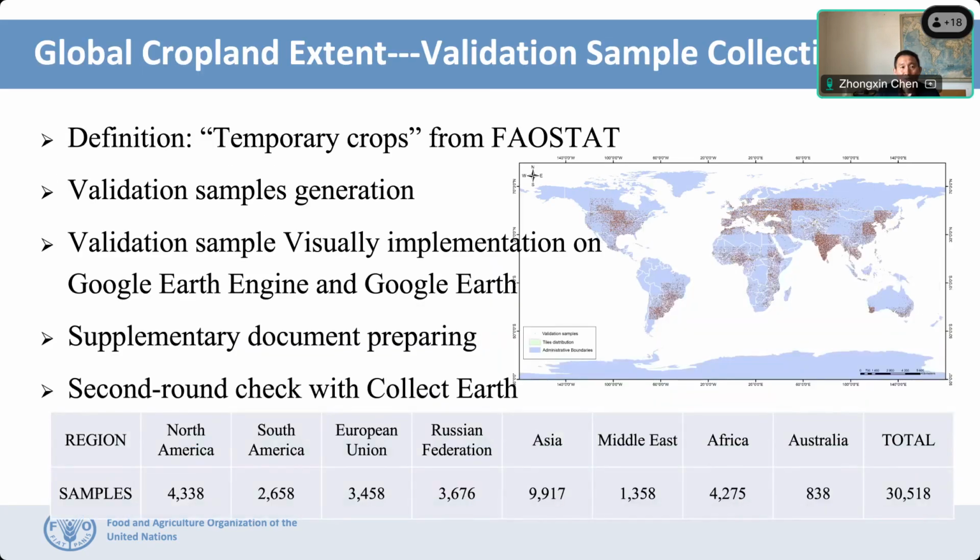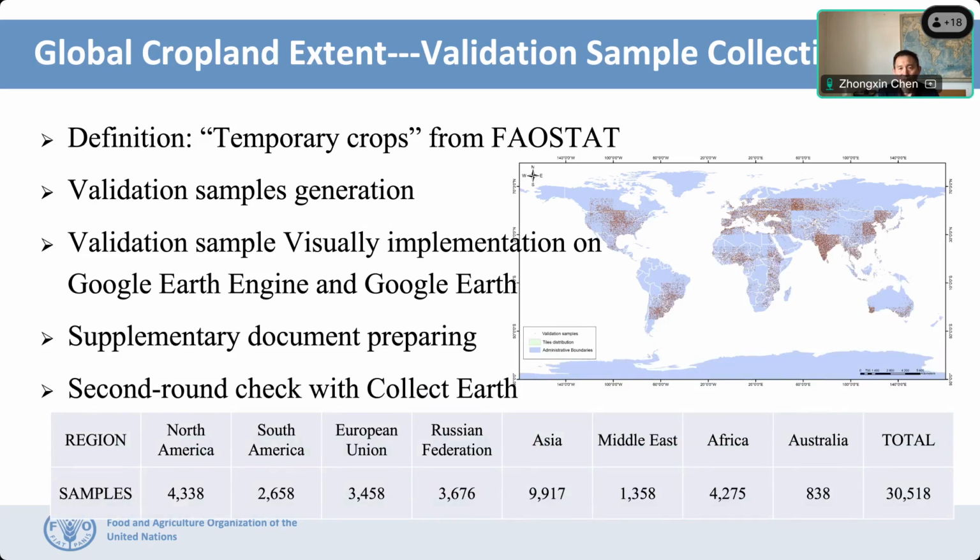Okay, and then we made the validation. First, we collect the samples. Right now we are using the definition of temporary crops from FAOSTAT, and we use Google search engines and Google Earth to collect the samples.